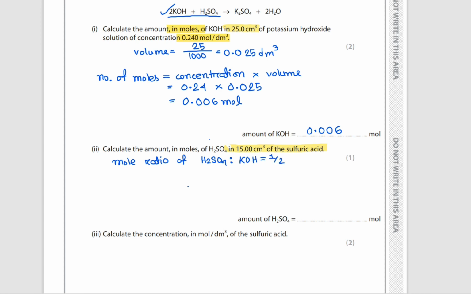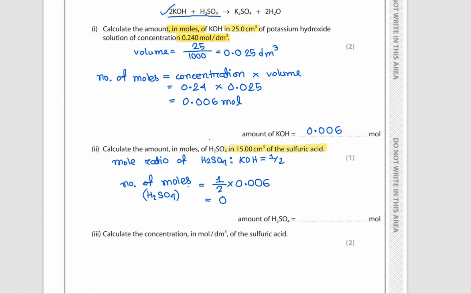We can see that from this equation, because 2 moles of potassium hydroxide react with 1 mole of sulfuric acid. So the mole ratio of sulfuric acid to potassium hydroxide is half. So the number of moles of H2SO4 is the mole ratio, half, times the number of moles of potassium hydroxide, that was 0.006.